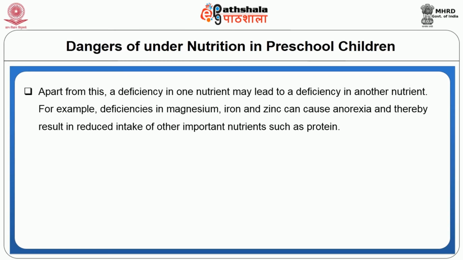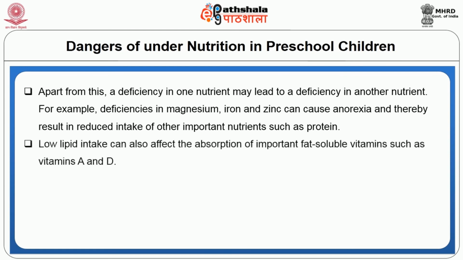For example, deficiency in magnesium, iron and zinc can cause anorexia and thereby result in reduced intake of other nutrients such as protein. Low lipid intakes can also affect the absorption of important fat soluble vitamins such as A, D, E and K.